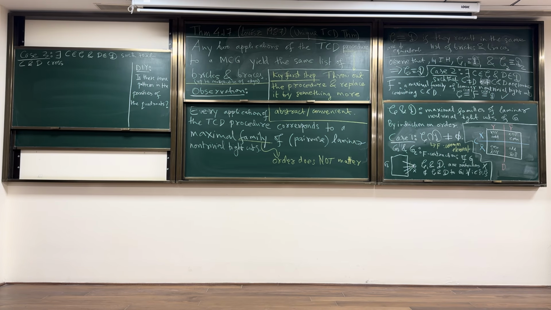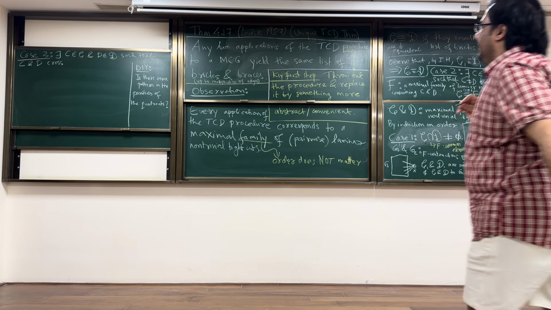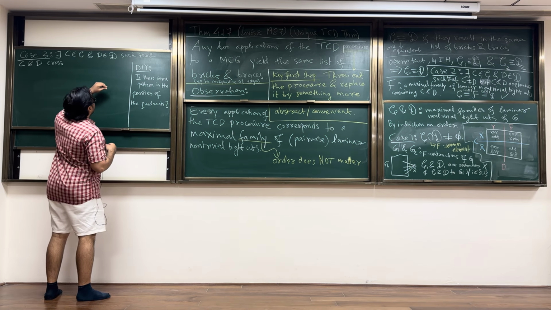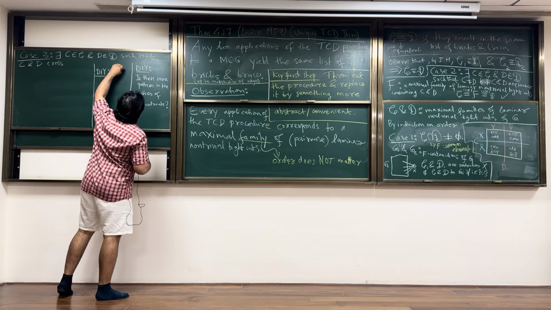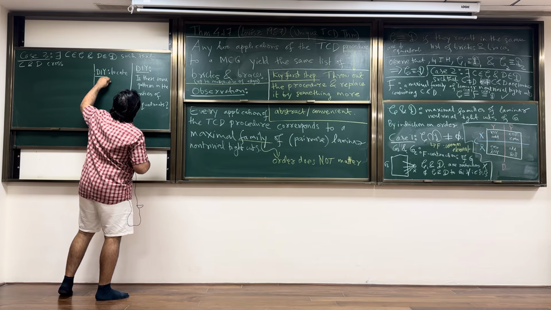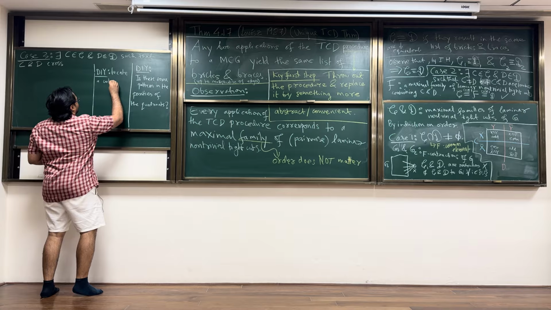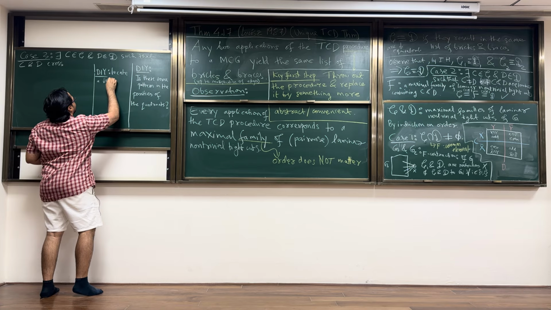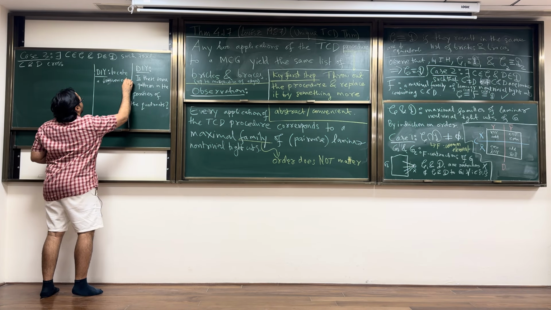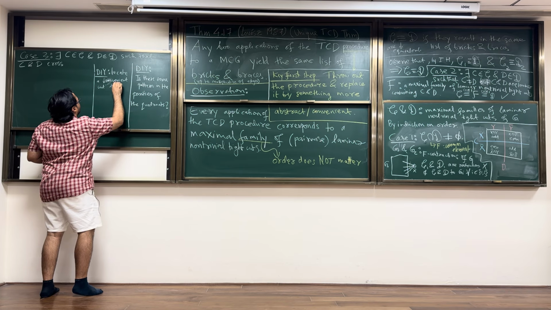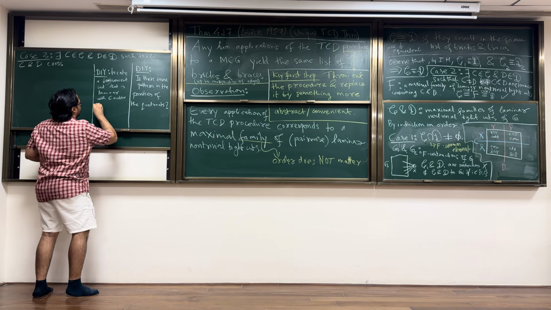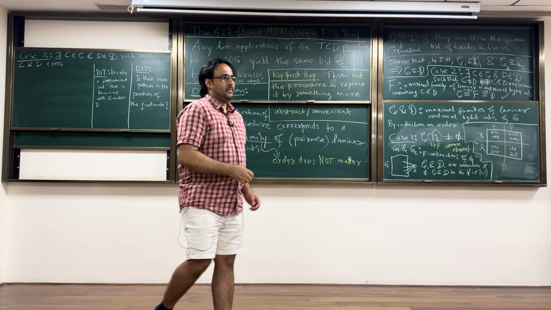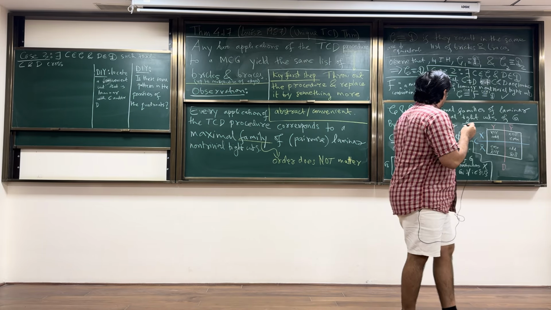So anyways, this is the next DIY. Locate a cut, maybe let me call it a convenient cut, that is laminar with C and or D. So we want to somehow go from this crossing case to the laminar case.